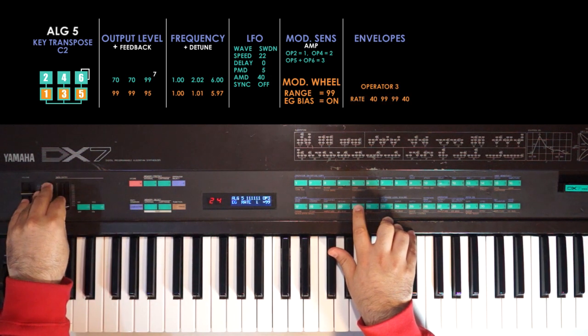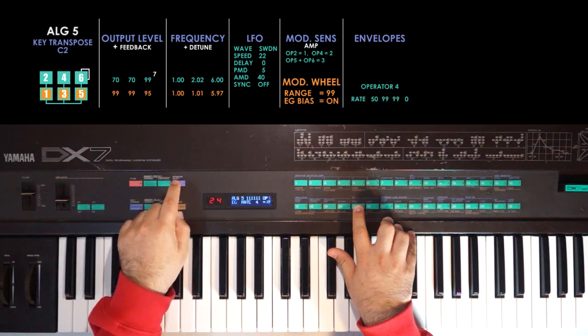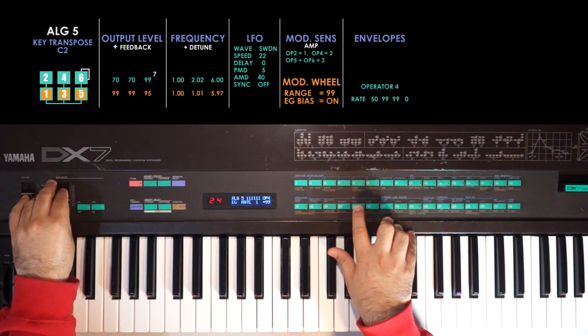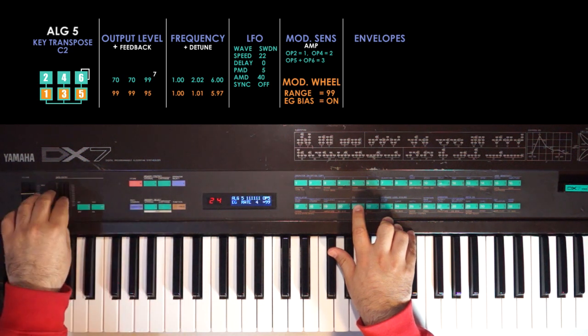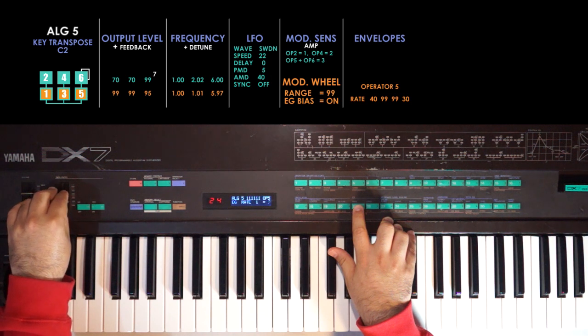Operator 3, rate 1 is 40, rate 4 is 40. Operator 4, rate 1 is 50. And rate 4 is 0. Operator 5, rate 1 is 40, and rate 4 is 30.